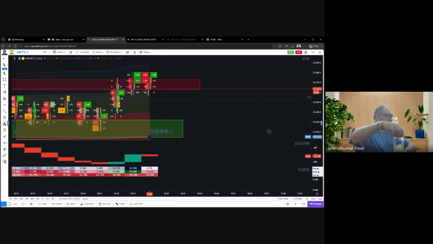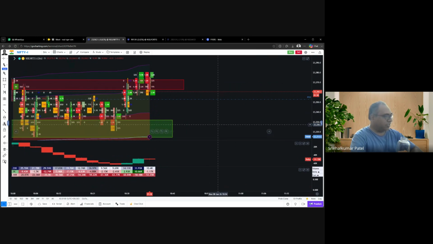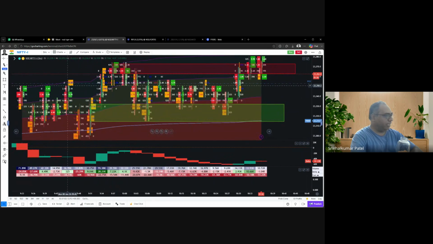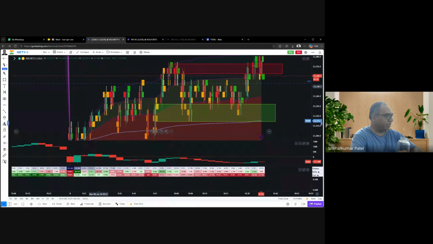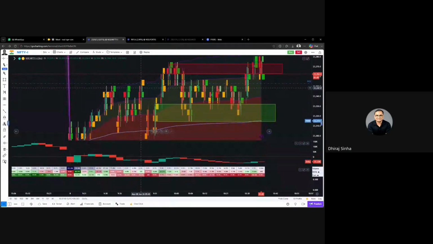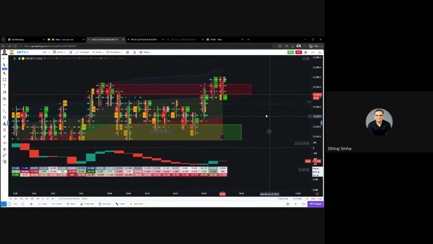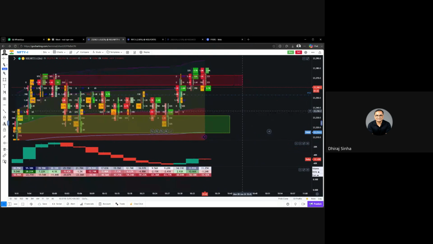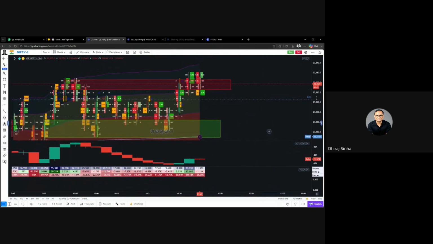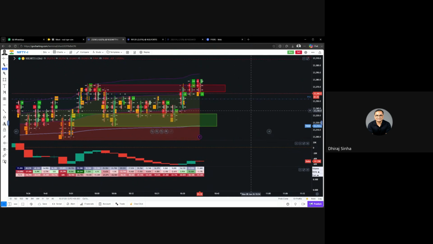So non-directional option sellers would have made a good amount of money by now, since morning, let's say if they had taken a trade around here. For the non-directional, it is not much, about 300-400 rupees per lot so far on the ATM since 9:16.